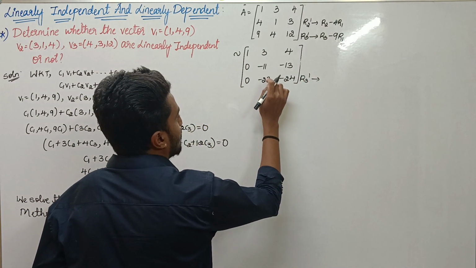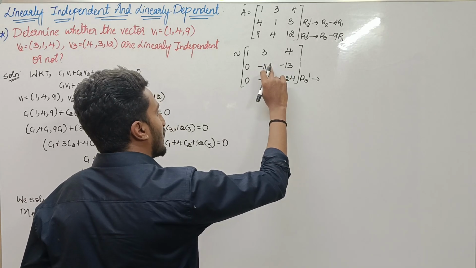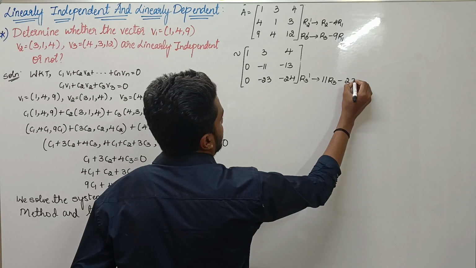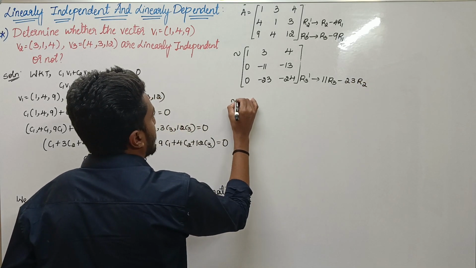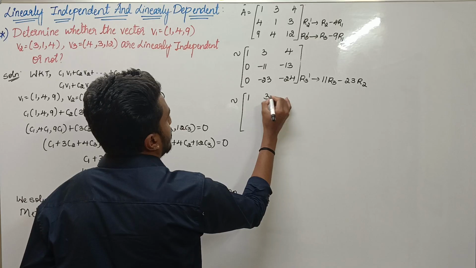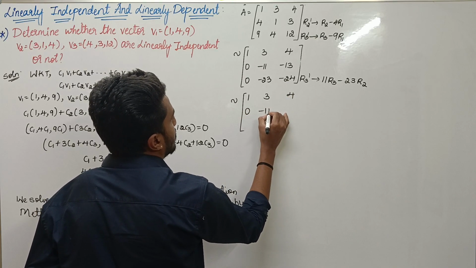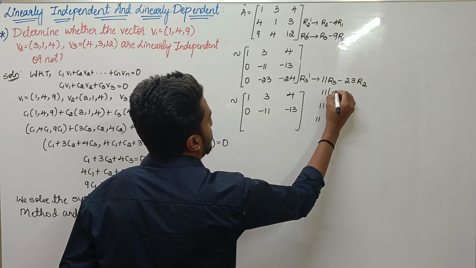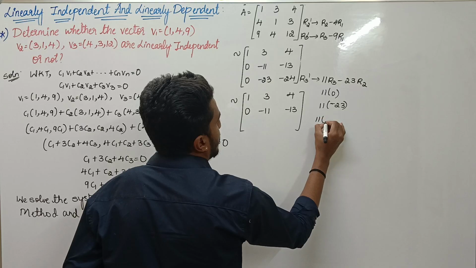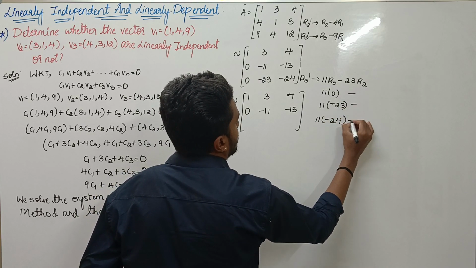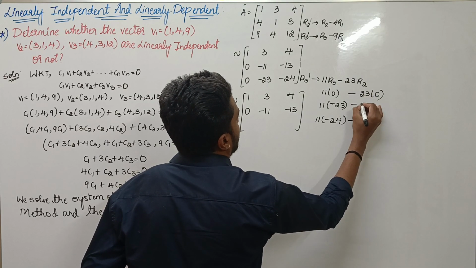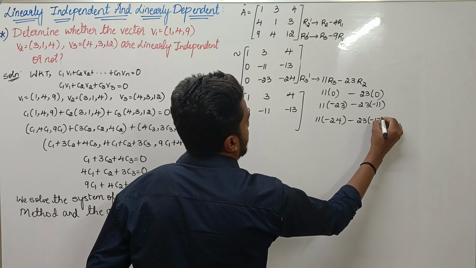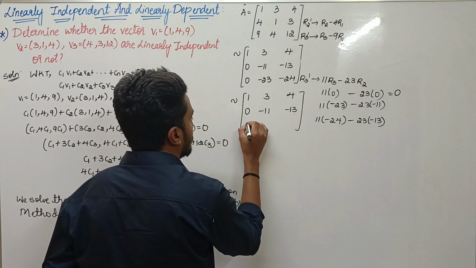R3 dash changes to: I am going to multiply R3 by 11 and R2 by 23. That is, 11 times R3 minus 23 times R2. With rows 1, 3, 4, 0, minus 11, minus 13, and 0, minus 23, minus 24, we get 0 for the first term, since anything multiplied by 0 is 0.